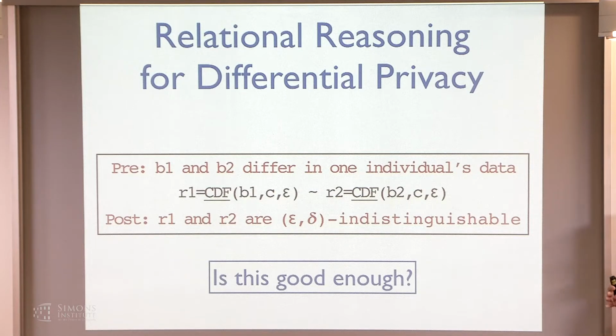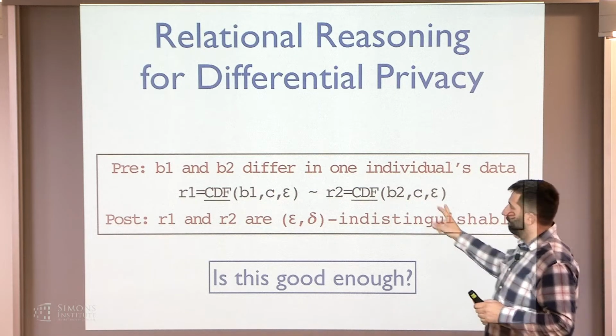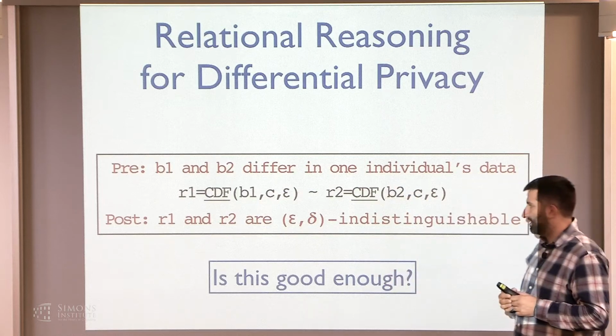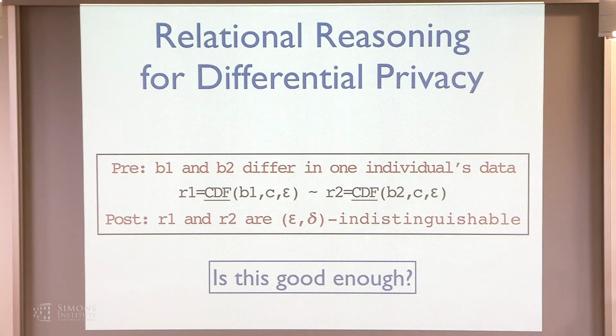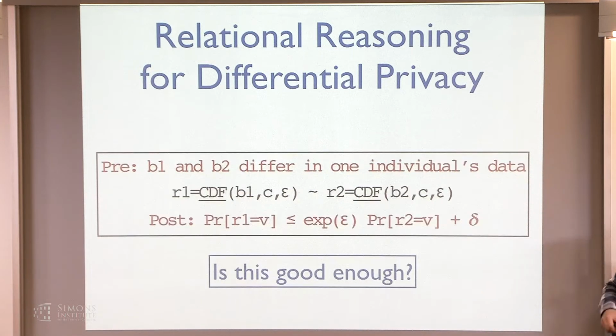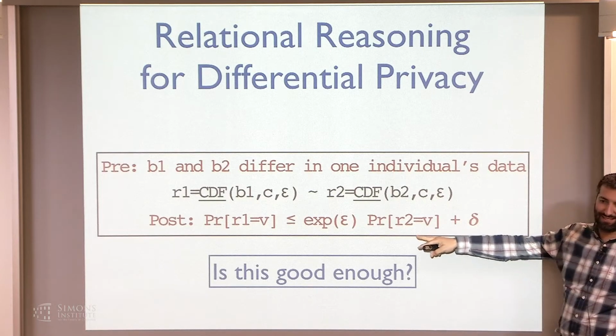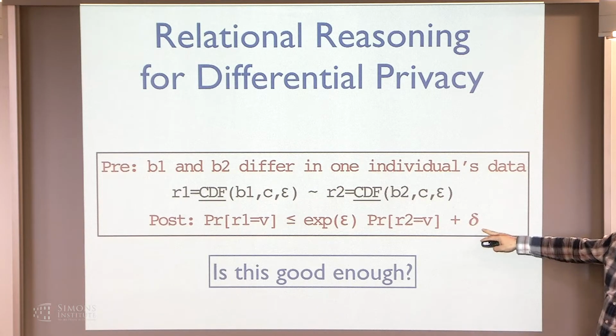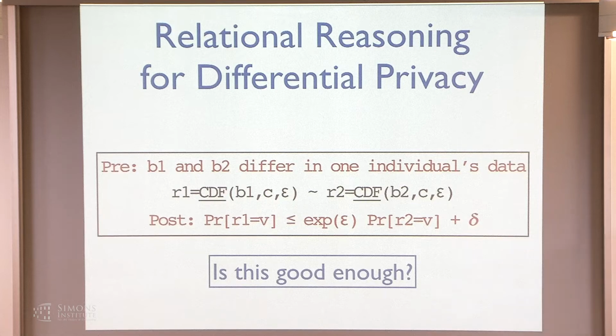But in general, for verification, it's convenient to have two programs, although I will use only one program in my presentation. Now, the problem is the postcondition. So now we can express the precondition, but the problem is the postcondition, because this is what epsilon-delta indistinguishability means.